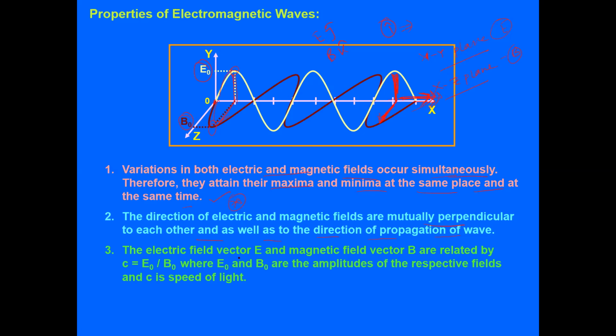Now the electric field vector E and the magnetic field vector B are related by an equation which is this: c equals E0 divided by B0, where c is the velocity of light, which is 3 into 10 to the power 8 meter per second.